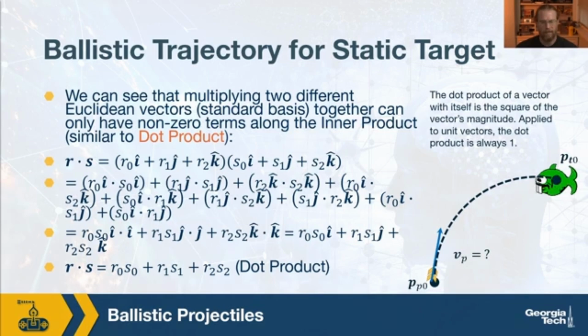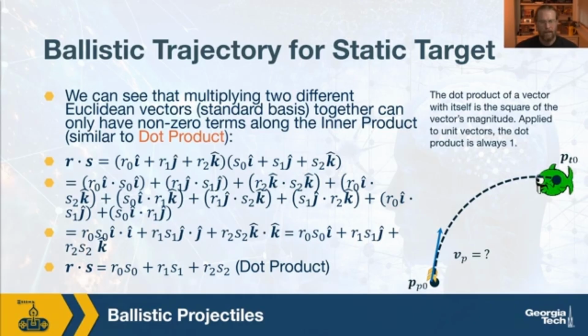We can do the same thing with s. So we have the s sub 0, s sub 1, and s sub 2, but paired up with the i, j, and k. So we could just expand, like do a polynomial expansion, so multiplying combinatorially all the terms. So this is like when you have three terms rather than, you maybe remember FOIL, first, outside, inside, last, but in this case we have three terms, so we just have to brute force go through all of the different pairings as we multiply out.